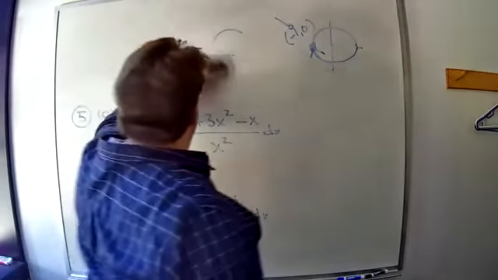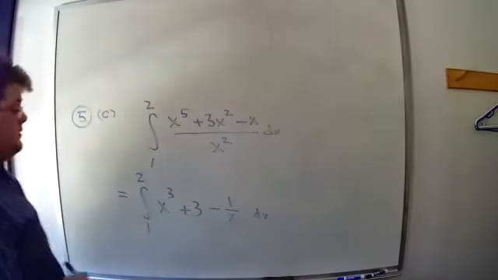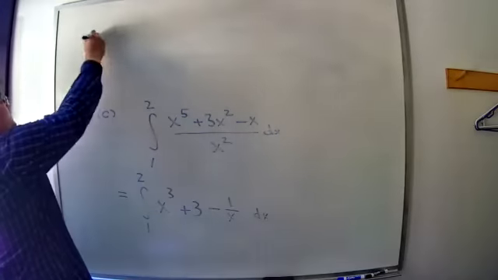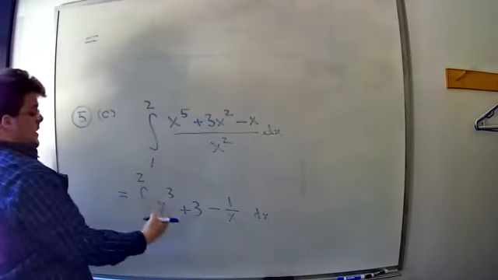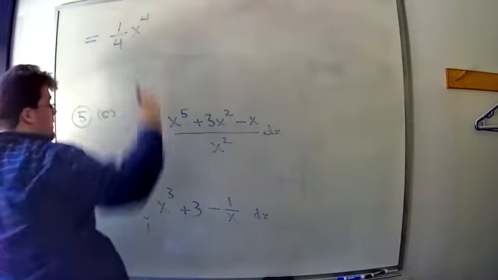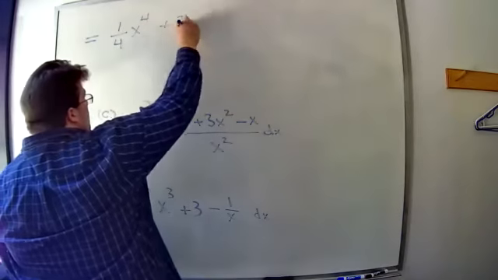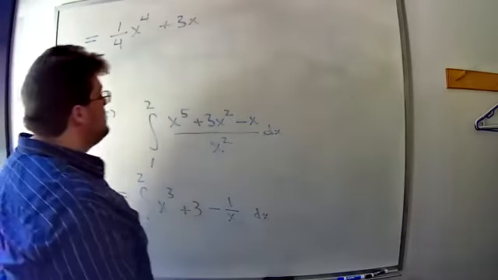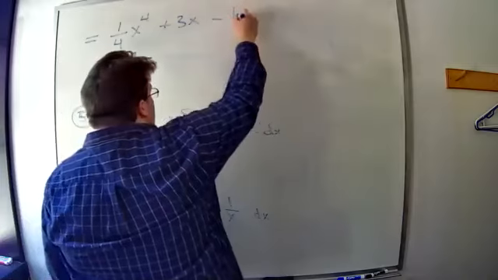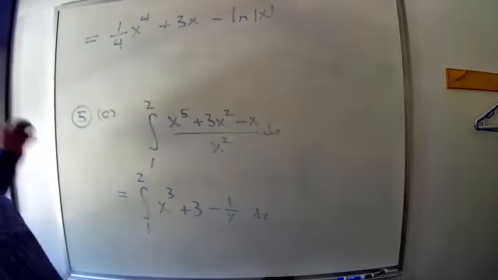And now we can integrate this piece by piece. How do we integrate it piece by piece? Well, x cubed, power rule gives us x to the 4th over 4. Derivative of 3x is 3. 1 over x with a negative. Derivative of log x is 1 over x.